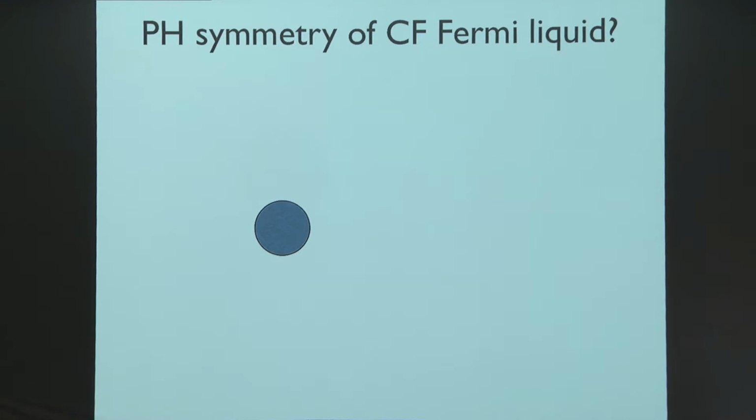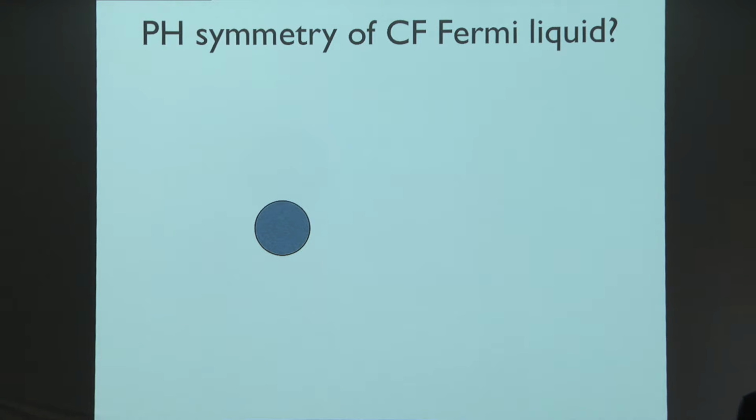Thinking about particle-hole conjugation for the composite fermion Fermi liquid at half filling is even stranger. Naively, if we think about particle-hole conjugation, we take a filled state and make it empty. For example, here I have a Fermi sphere, a Fermi disk in 2 dimensions, of composite fermions.